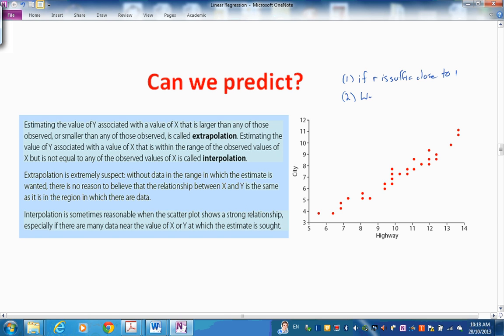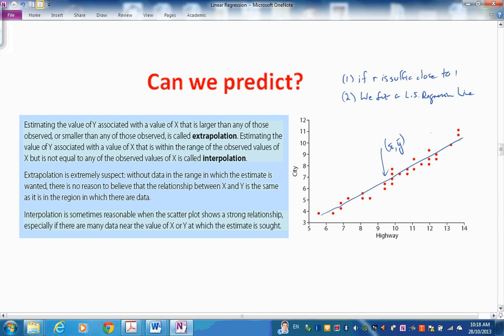We fit a least squares regression line. Right, we fit that, so here we are, somewhere through there, remembering that on that line, x bar, y bar, that point will be on the line under the process of the model.